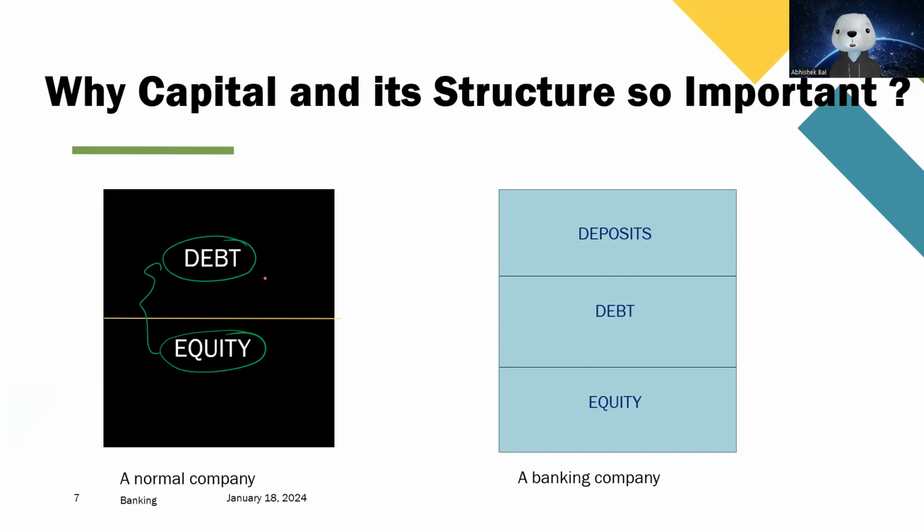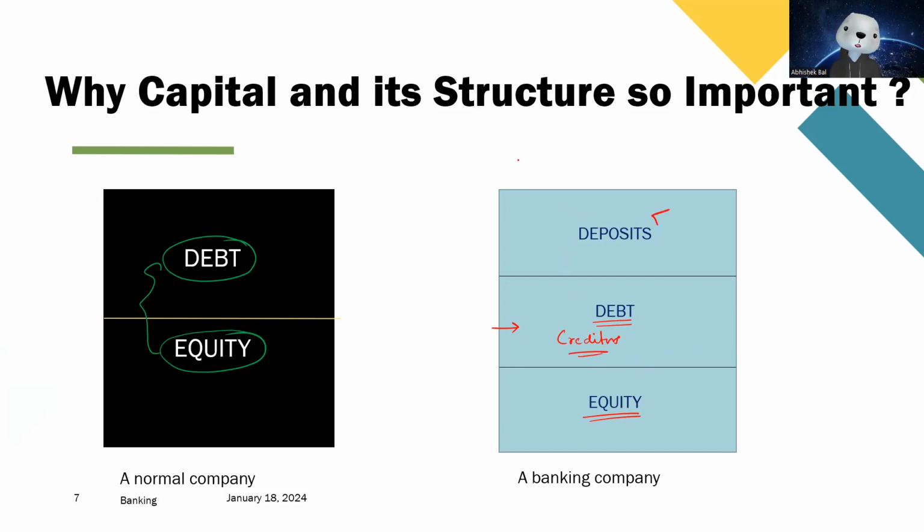Why? Well, in the traditional sense, of course, there are going to be the initial promoters of a bank, whom we are going to group under the equity. There are going to be certain debt providers of the bank as well that would have provided debt to this bank. They're obviously the creditors of the bank. But a commercial bank would also have their depositors.